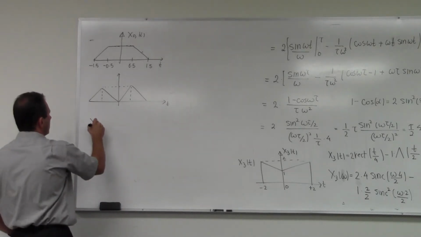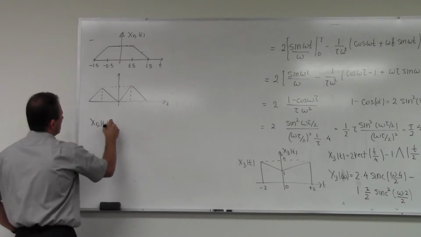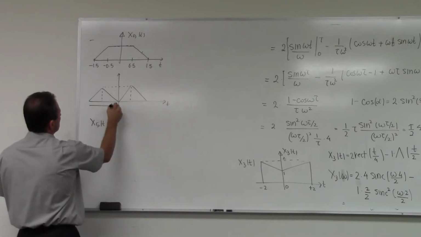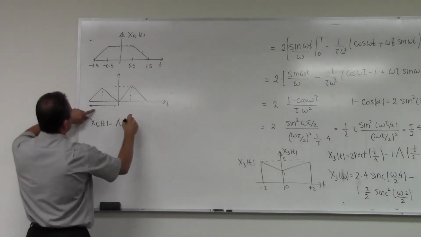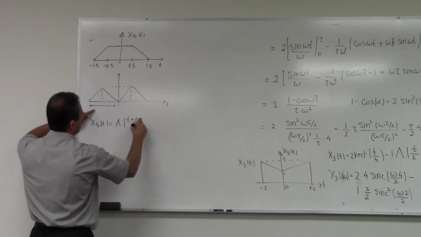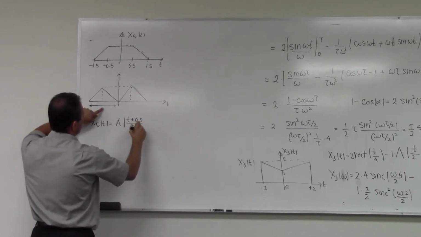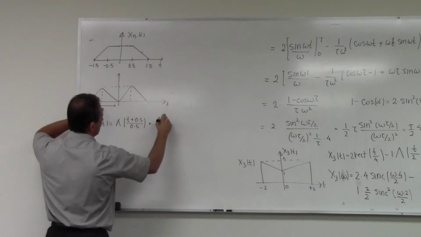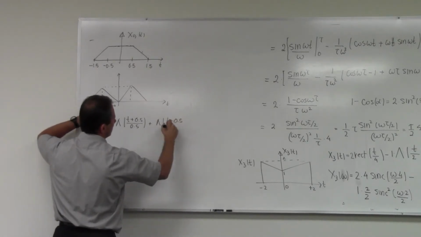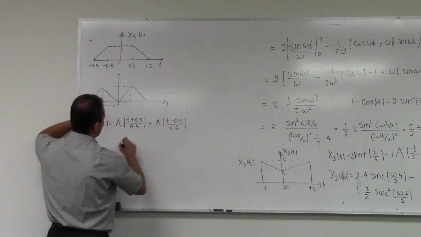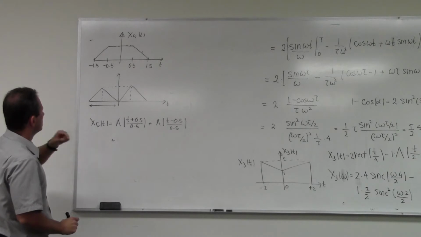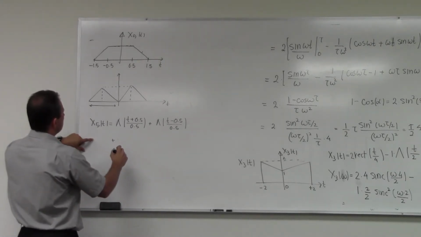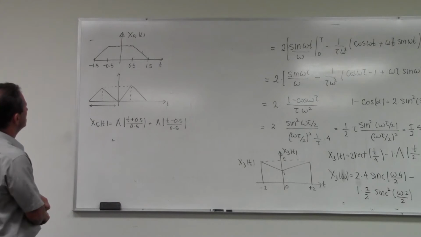So I would say x5 of t is going to be lambda of t plus 0.5, where tau is 0.5, plus lambda of t minus 0.5 divided by 0.5, and then plus I need to add this section here. So what would be the easiest way to add this?